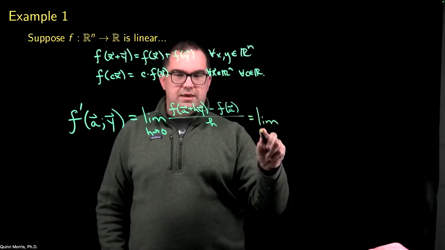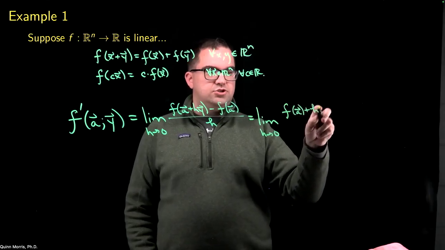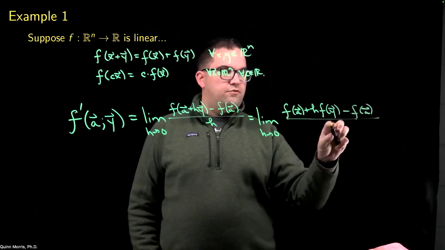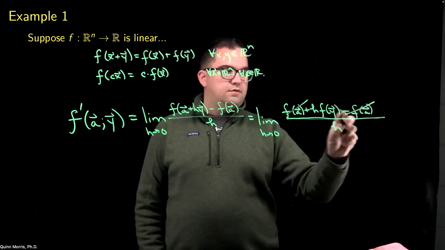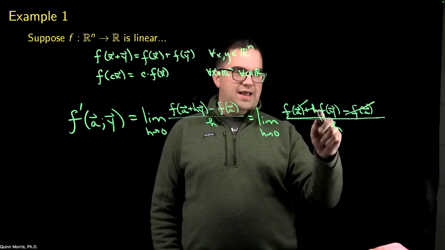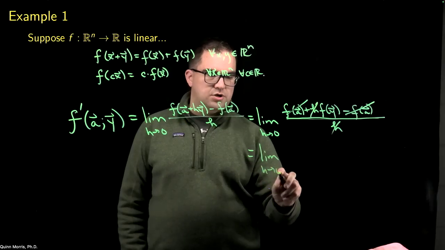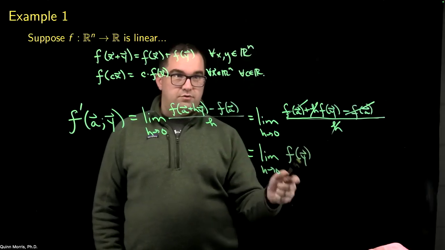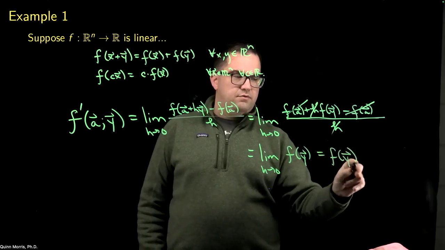So this becomes the limit as h goes to 0 of f of a plus h times f of y minus f of a, over h. And you quickly notice I have an f of a minus an f of a. Now I have an h f of y over h, and the h's cancel, and I'm just left with the limit as h goes to 0 of f of y, which is a scalar quantity independent of h. So this value is just f of y.